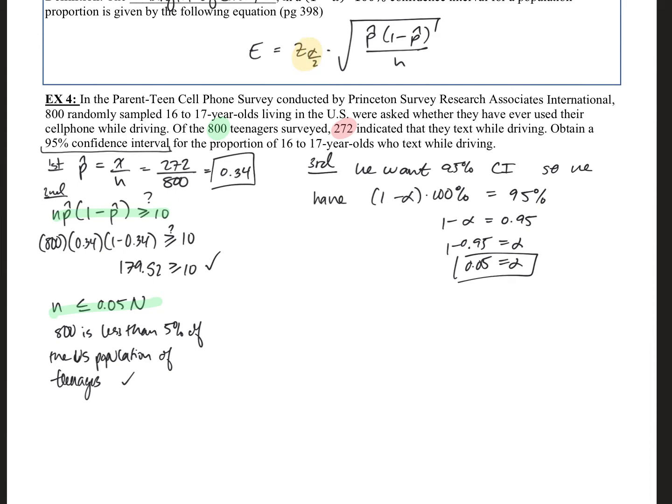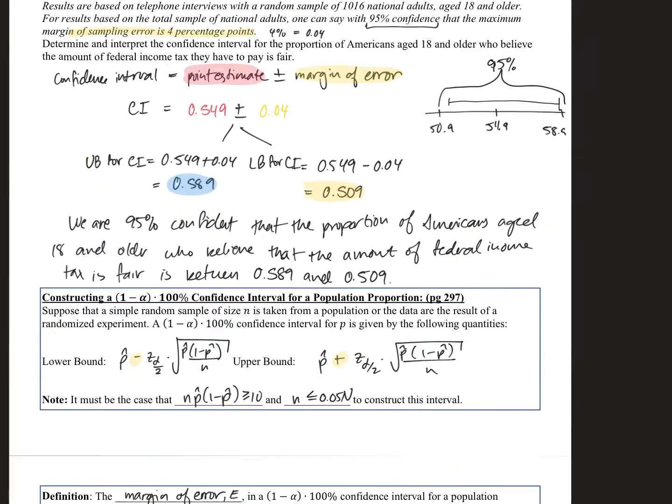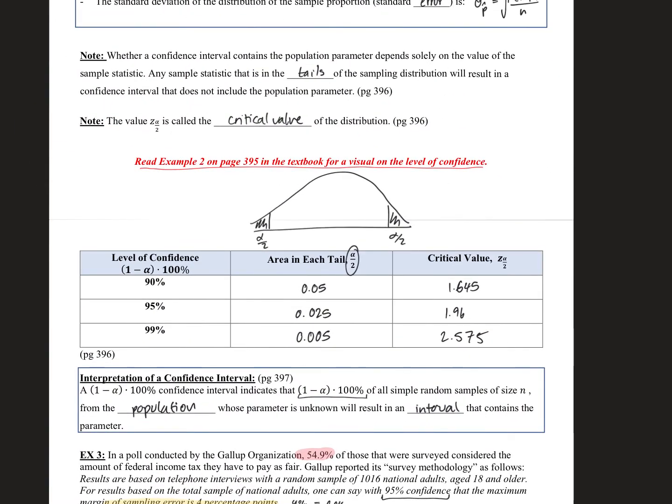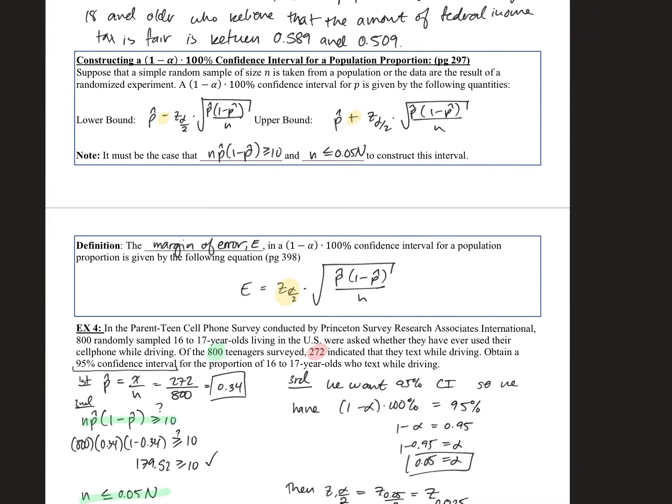So let's go ahead and find that. z of alpha divided by 2 is going to equal z of 0.05 divided by 2, which is z of 0.025. And we had that given in the table above, so we're looking for 0.025. And what value was that? Right here, critical value, 1.96. So I'll go ahead and write that down, 1.96.